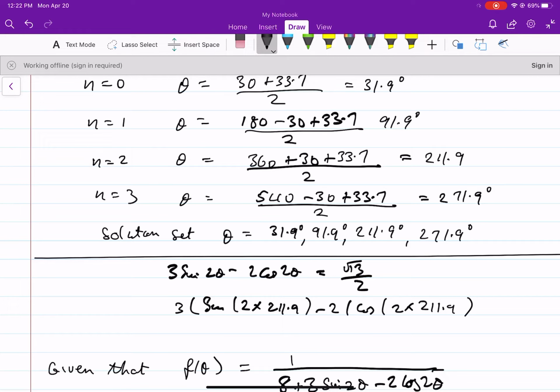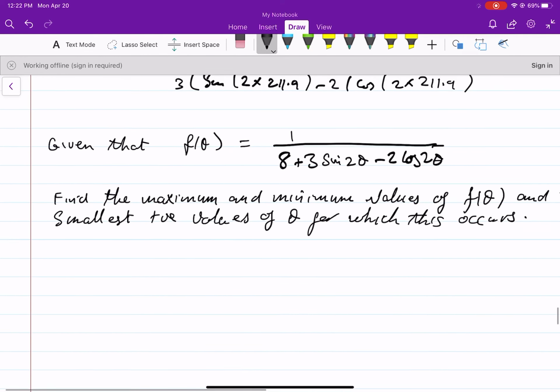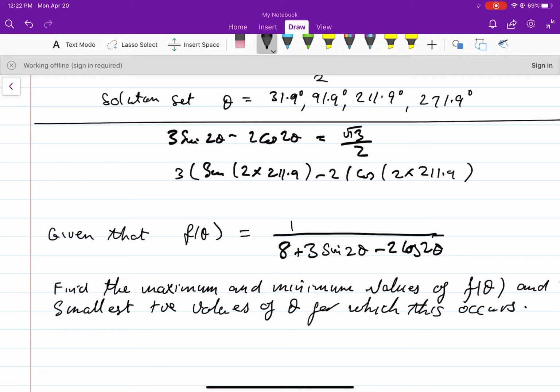So that's good enough for me, because remember, you're plugging in an approximate value for the angle. Close enough. Good. So that's a good check.